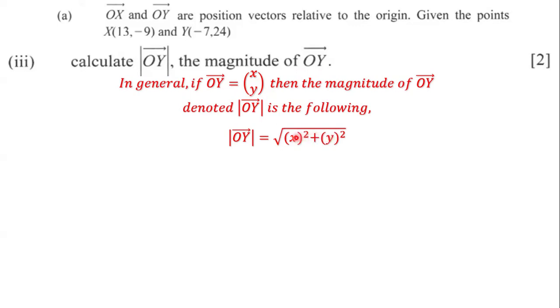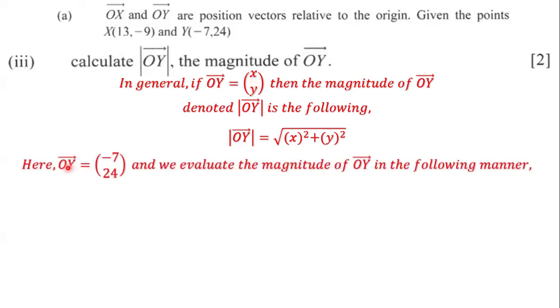So we find the sum, and we take the square root of that. In general, you square the first component, you square the second component, you add those two, and then you take the square root of it.